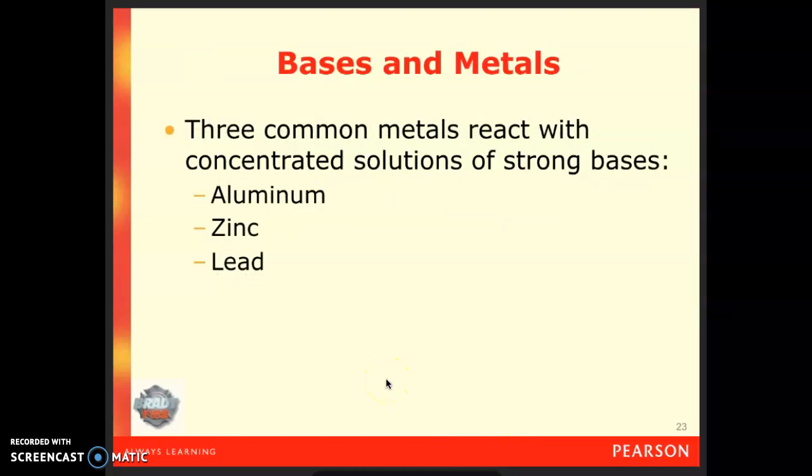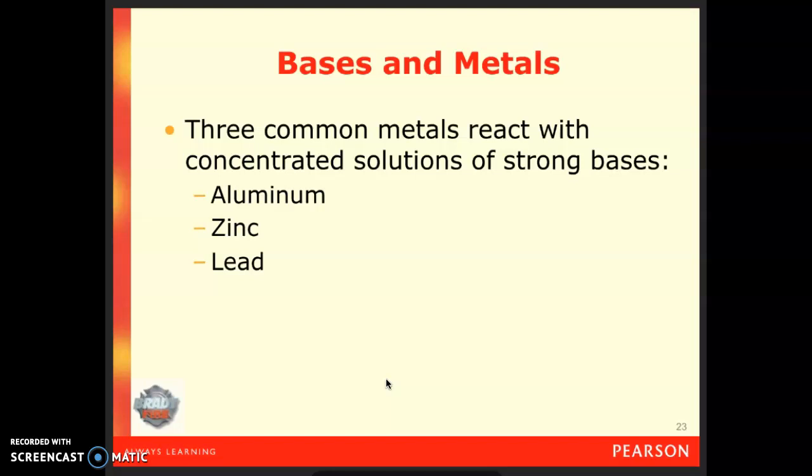Now, when it comes to metals, there are three primary metals that will react with strong bases. And the solutions here have to be concentrated. They cannot just be dilute solutions. We have to have concentrated bases with one of these three metals. And the three metals are aluminum, zinc, and lead. Now, we don't see reactions with strong bases and steel.